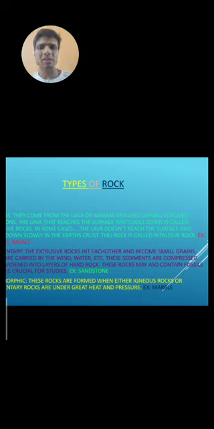We have igneous rock which is formed from lava or magma, and from that they turn into small pieces. These small pieces mix up with organic matter and are made into sedimentary rock. The sedimentary rock or igneous rock, when they experience high temperature and pressure, then there will be a change in their chemical formation and physical form, and that type of rock is called a metamorphic rock.